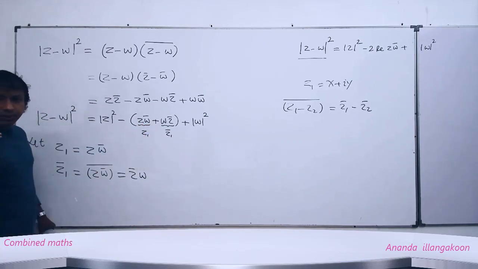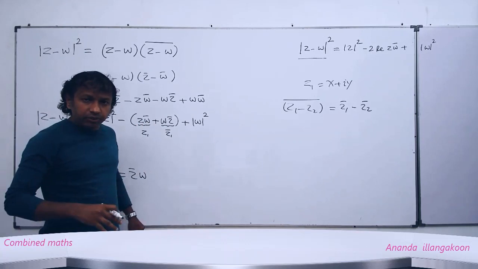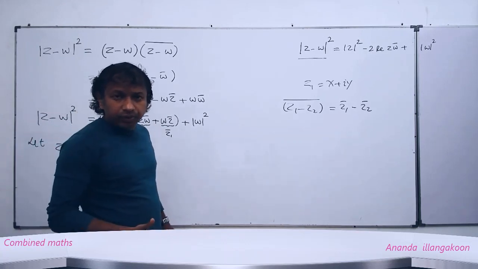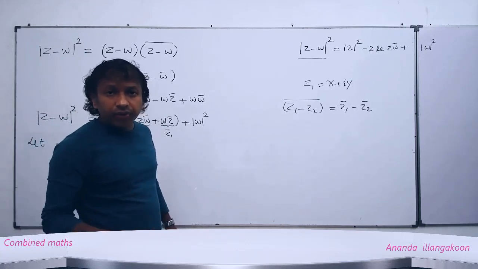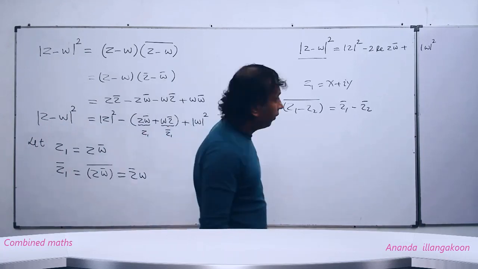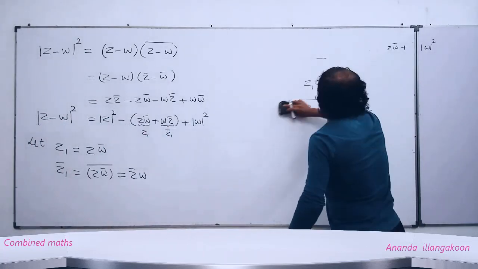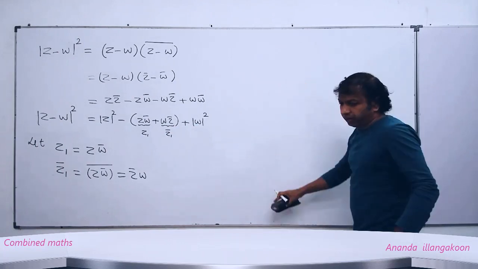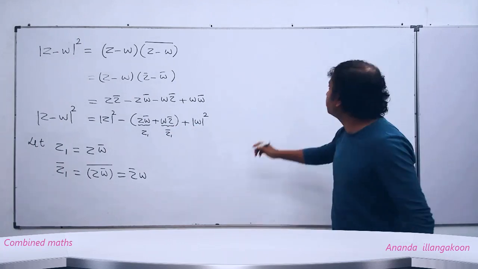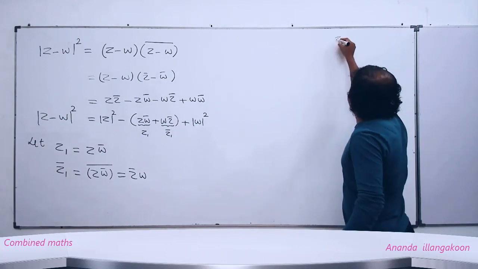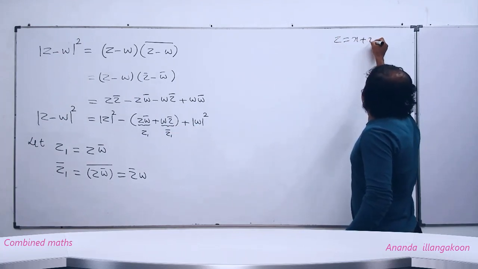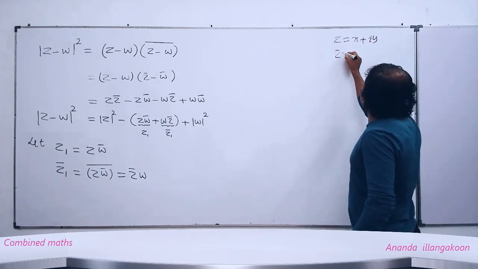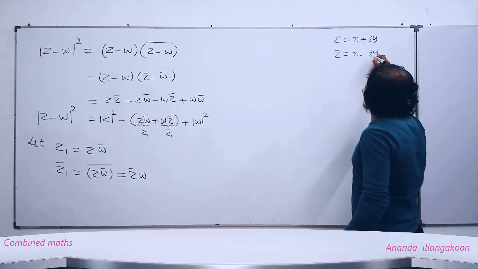The sum of a complex number and its conjugate, you know what that is? 2 times the real part of z. That means, for example, see, these very simple theories are applied everywhere, so we should be able to recall those theories at once, right? For example, if I take z as x plus iy, z bar is going to be x minus iy.